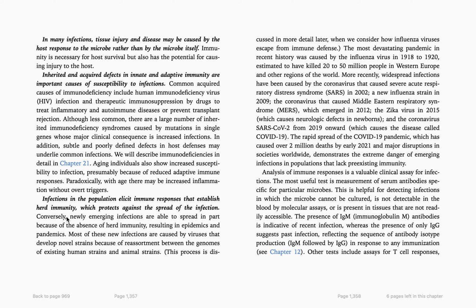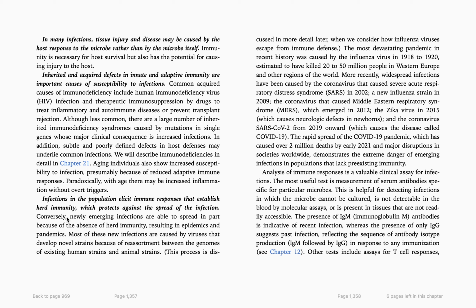Infection in the population elicits immune responses that establish herd immunity, which protects against the spread of infection. Conversely, newly emerging infections are able to spread in part because of the absence of herd immunity, resulting in epidemics and pandemics. Most of these new infections are caused by viruses that develop novel strains because of reassortment between the genomes of existing human strains and animal strains.